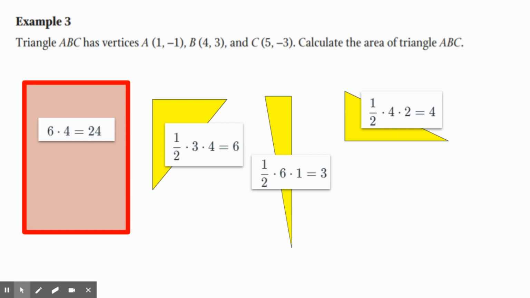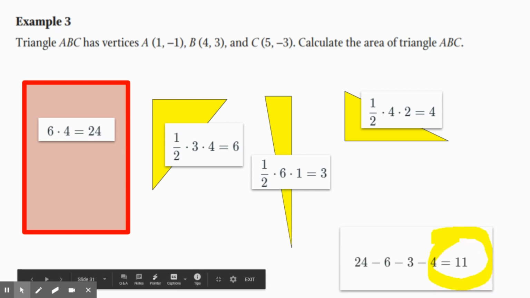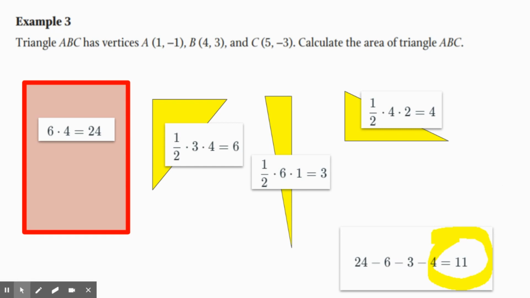If I want the leftover space inside of that rectangle with all of those triangles gone, I'm going to have a final computation of 24, which is the rectangle, minus 6, minus 3, minus 4, which are the 3 triangles. And I have an area of 11 left over. The final answer is that triangle ABC has an area of 11 square units.